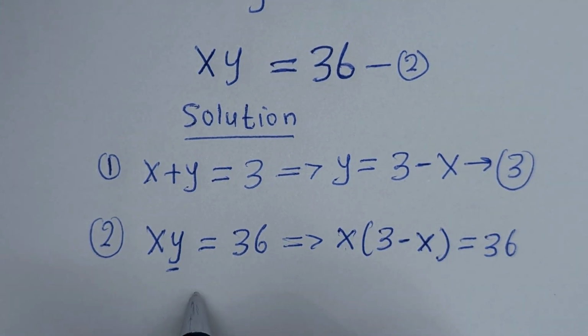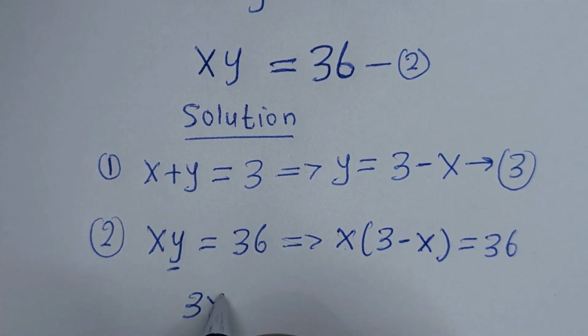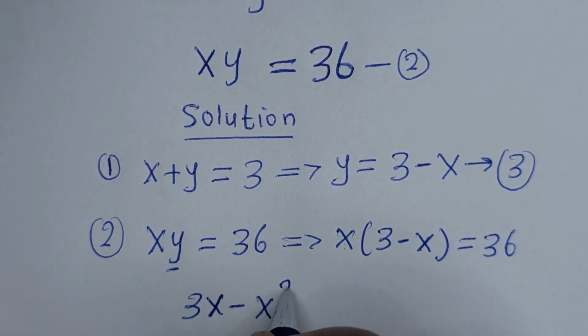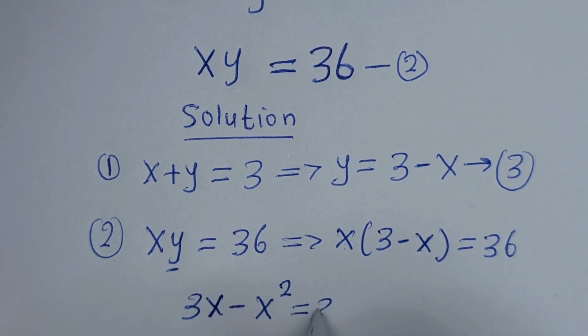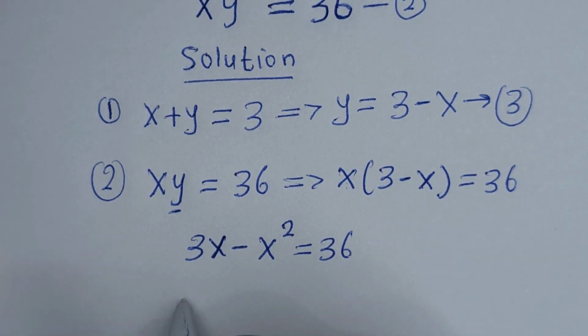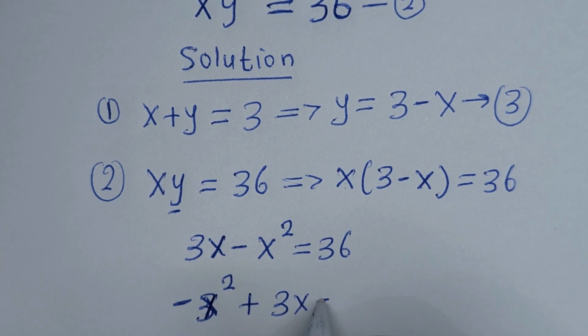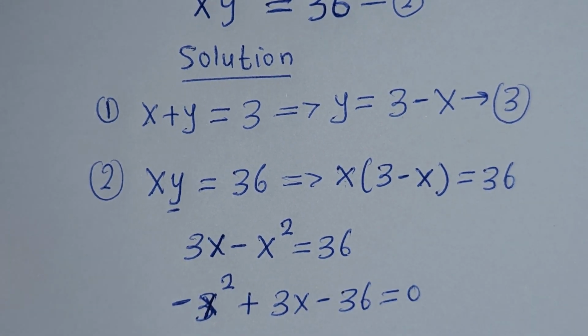x multiplied by 3, 3x minus x multiplied by x, x square, is equal to 36, so minus x square plus 3x minus 36 is equal to 0.